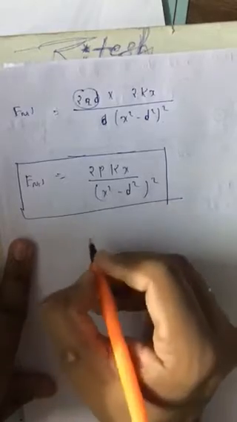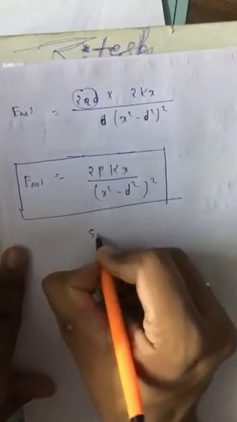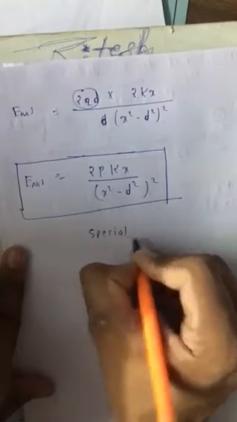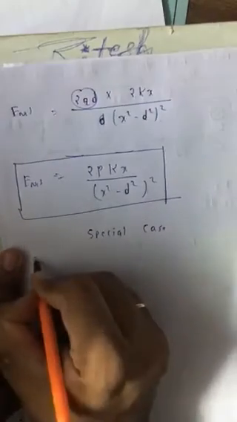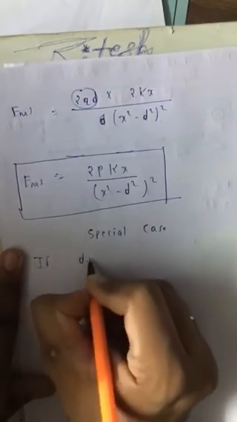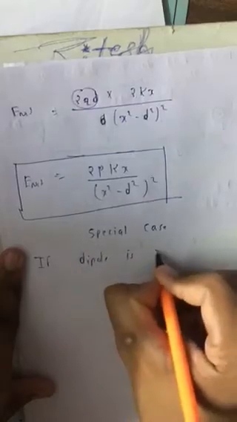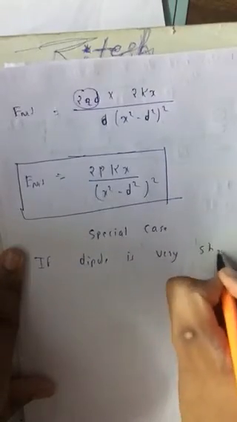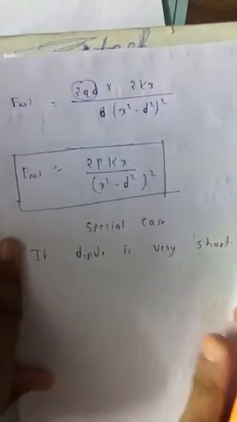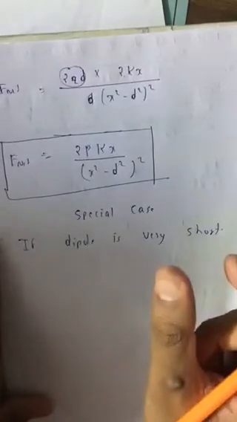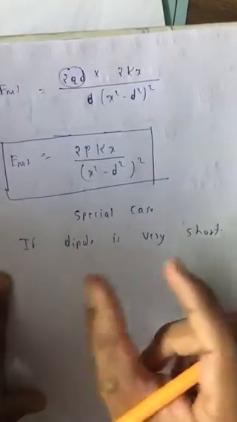Then we have to see the special case. So what is the special case? Special case, if the dipole is very short. Dipole is very short means the length of the dipole is very short, and the length of the dipole is 2d.